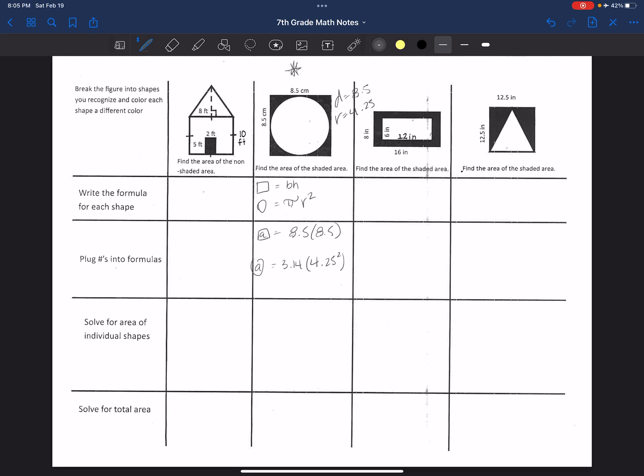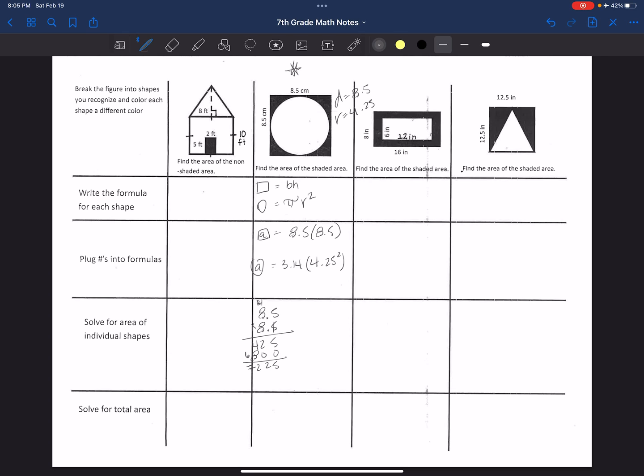Now we're going to solve the area of the individual shapes. All right, let's start with the 8.5 first. And then I'll go through the headache of 4.25 squared times 3.14. 5 times 5, 25, carry the 2. 8 times 5, 40, plus 2, 42. 0 placeholder, same exact thing. 5 times 8 is 40, carry the 4. 8 times 8 is 64, plus 4 is 68.